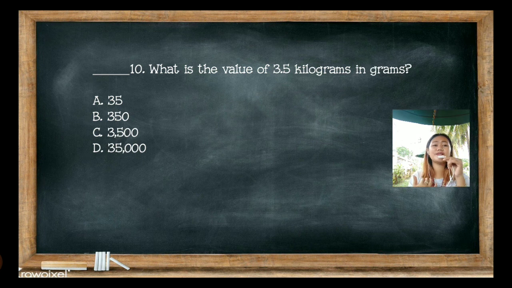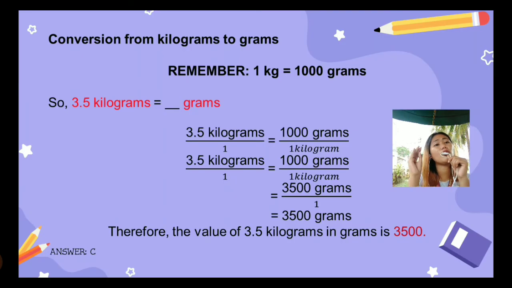Okay, for the last number, we have: what is the value of 3.5 kilograms in grams? This is a conversion. But first, how many grams are in one kilogram? So there are 1,000 grams in one kilogram. So 3.5 kilograms is equal to blank grams.